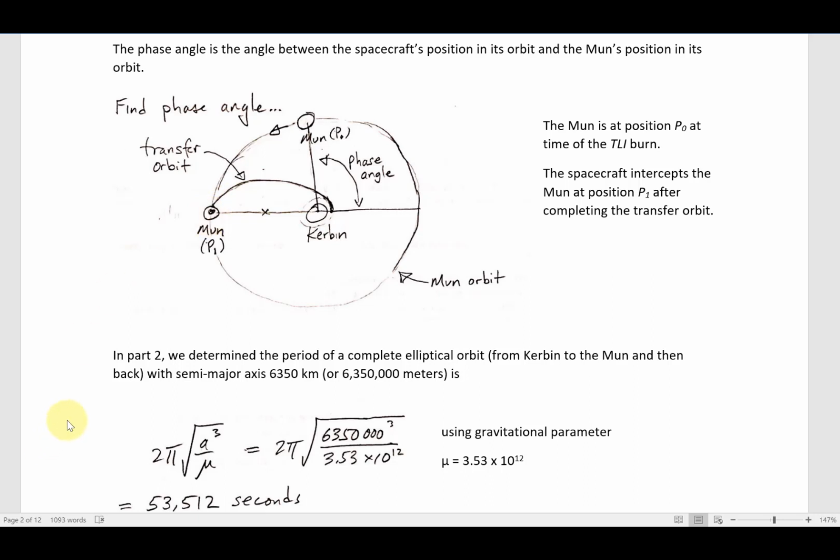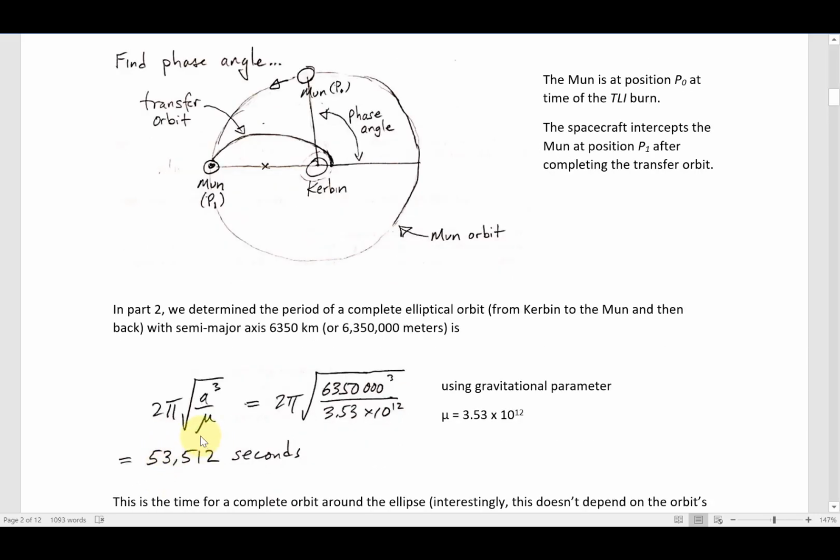So in part 2, we determined the period of a complete elliptical orbit from Kerbal to the Mun and then back again all the way around the ellipse with a semi-major axis of 6,350 kilometers, or 6,350,000 meters. That period for the complete orbit was this quantity: 2 times pi times the square root of the semi-major axis cubed over the gravitational parameter.